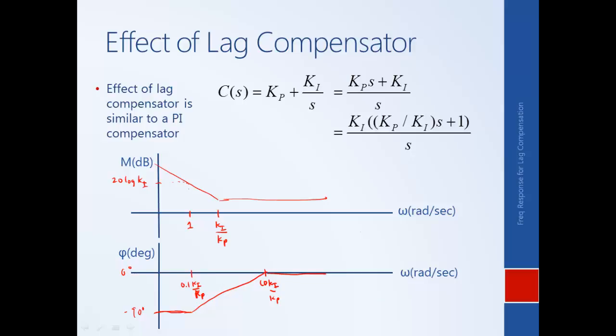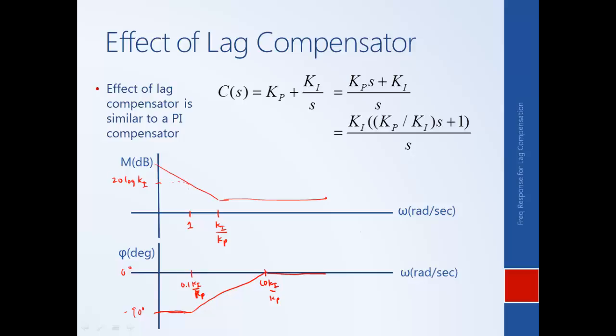And so if you look at this, the shape is quite similar to a lag compensator. It tends to increase the DC gain, whereas with the PI compensator, the magnitude goes to infinity at low frequencies, whereas with a lag compensator, it'll level off.